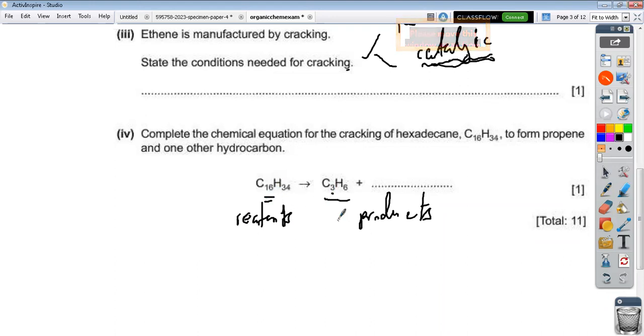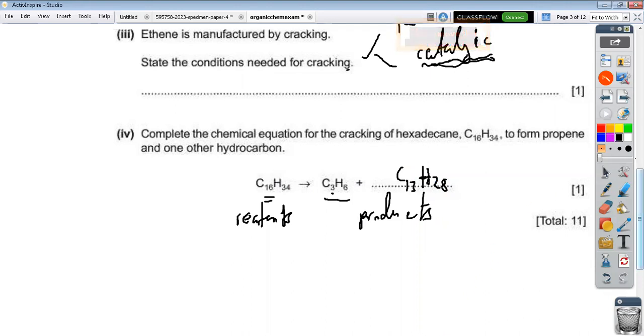And how many carbons do I have here? 3. So subtract 3 from 16, what do you get? C13. How many H do I have? 34, subtract 6, what are you left with? 28. That's how easy that is. But they should balance.